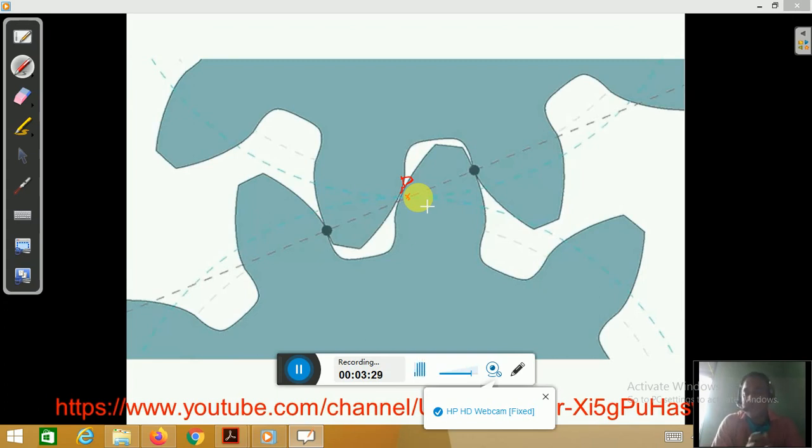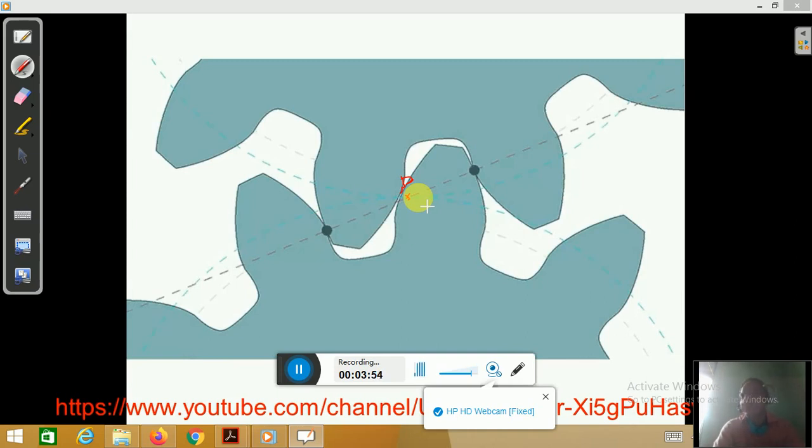That line is nothing but the common normal at the point of contact, that is, the common normal to the profiles, passing through the pitch point. If that line passes through the pitch point, then we can say that the two gears are following the law of gearing, transmitting a constant velocity ratio, which is very important in engineering applications.